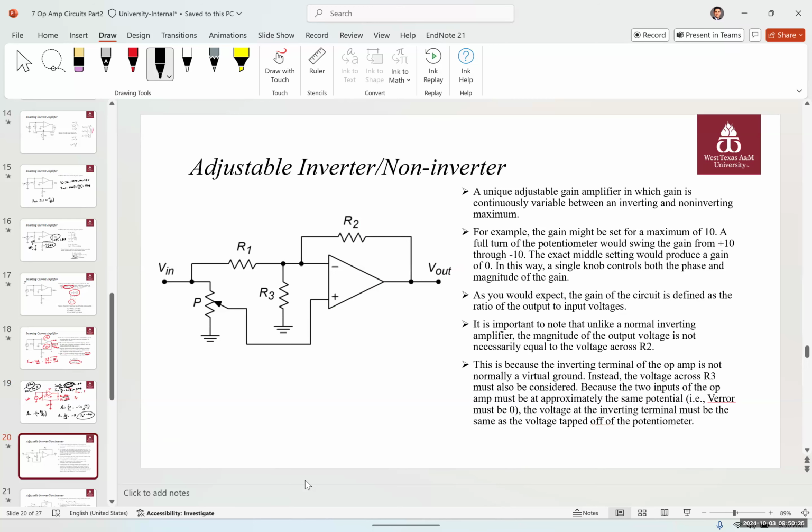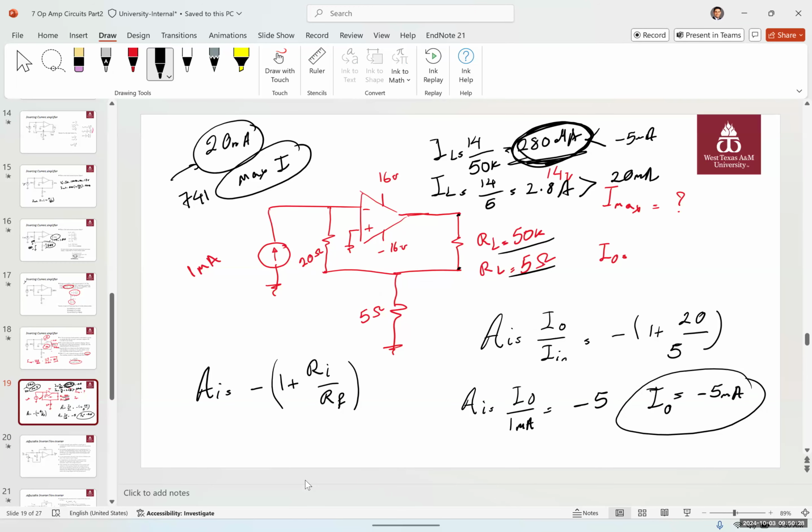Okay. So what does this mean? Maybe some of you are getting confused. I see a little bit of confusion in some of the faces. So it means that this op amp is capable of delivering 5 milliamps, but the maximum that the load can take is 280 microamps when you have a 50 kilo ohm resistor.